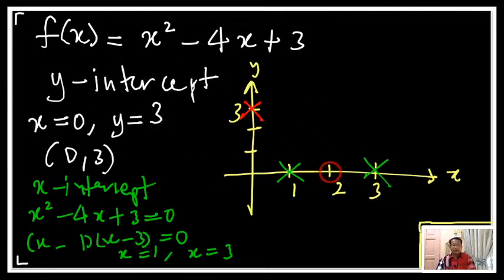If you substitute 2 here, you will get minus 1. So on the graph, you mark this point, (2, minus 1). What kind of point, we don't know yet, but this is a critical point.